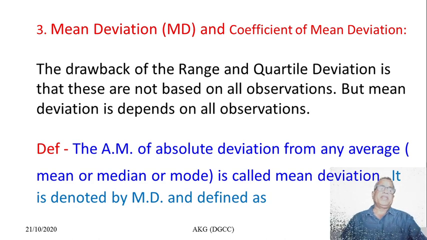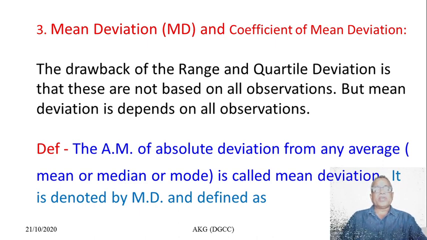Now the meaning of absolute deviation is that we use the modulus sign: modulus of x minus a, where a means the average value, and the average may be mean, median or mode.